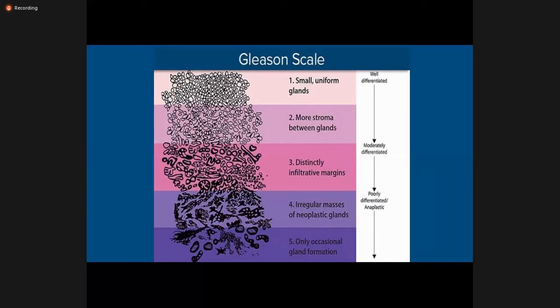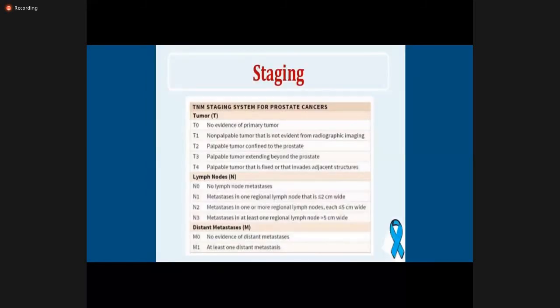And if there is only occasional gland formation, then it's Gleason 5. So if the Gleason is 5, then it's probably poorly differentiated. So this is basically a histopathological grading of the cancer.